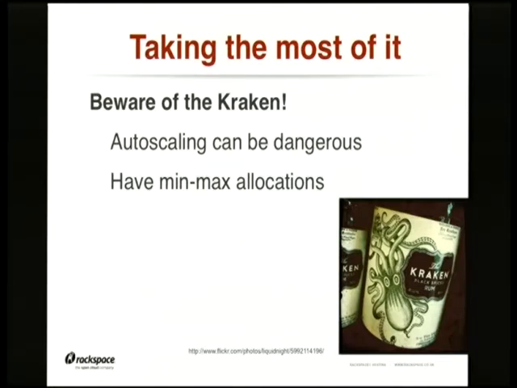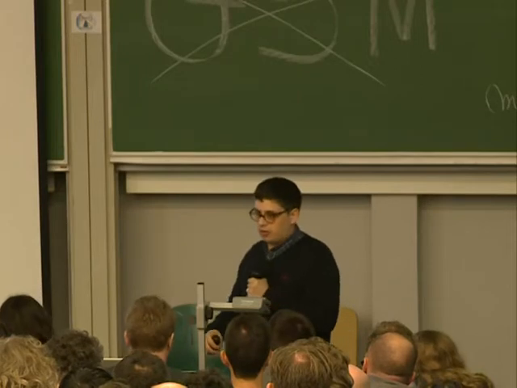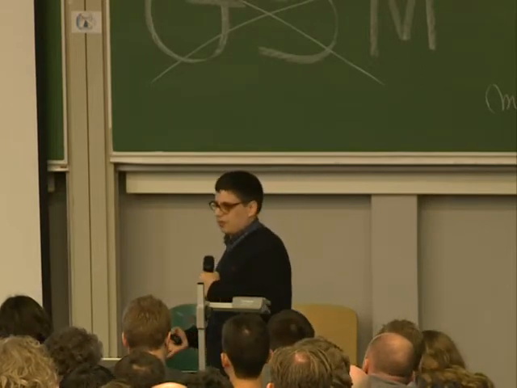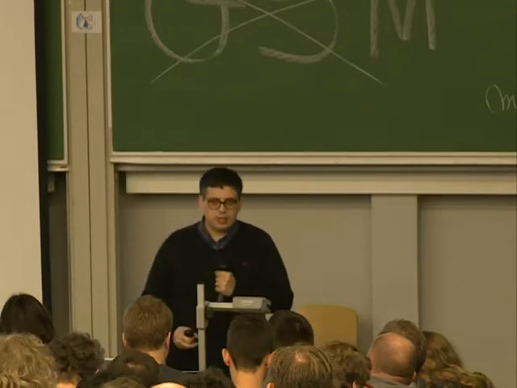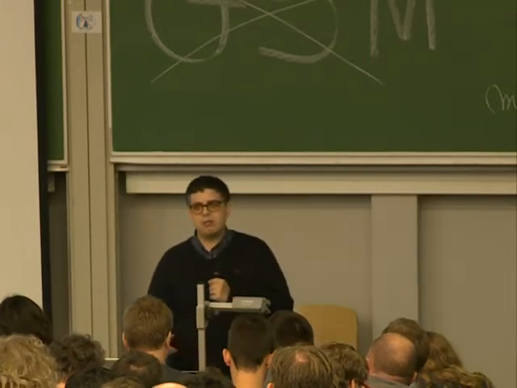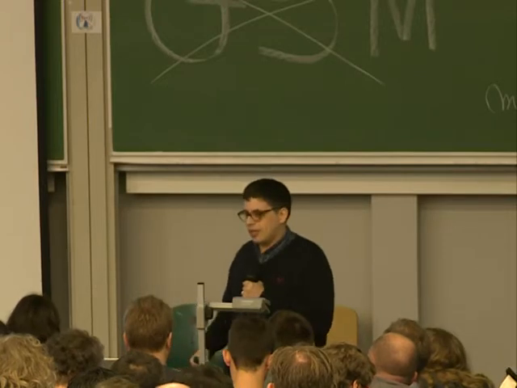In order to avoid that, my recommendation is whatever kind of autoscaling you do, please always have minimum and maximum allocation numbers. Because you don't want your autoscaling engine to go all the way down to 0. Because then you have no service, but the autoscaling is happy, everything's good. But at the same time, you don't want to have a $1 million bill from Amazon or from Rackspace.